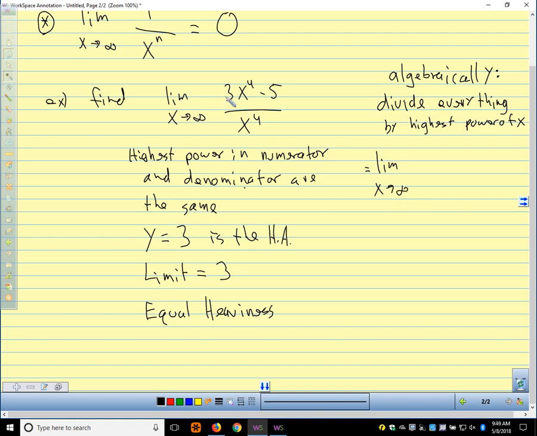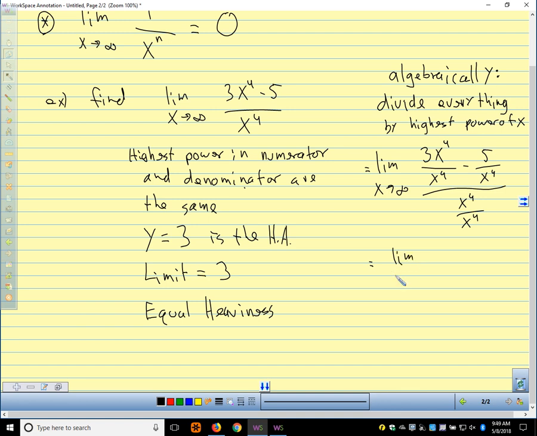The highest power is x to the fourth, so I'm going to write it out explicitly here: 3x to the fourth over x to the fourth minus 5 over x to the fourth, over x to the fourth over x to the fourth. Dividing everything by x to the fourth, so I'm multiplying the numerator and denominator by 1 over x to the fourth.